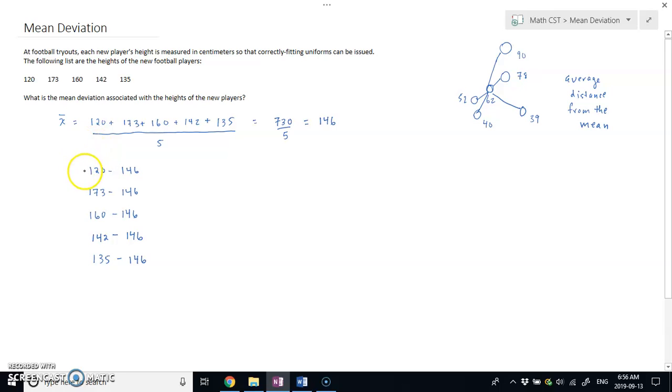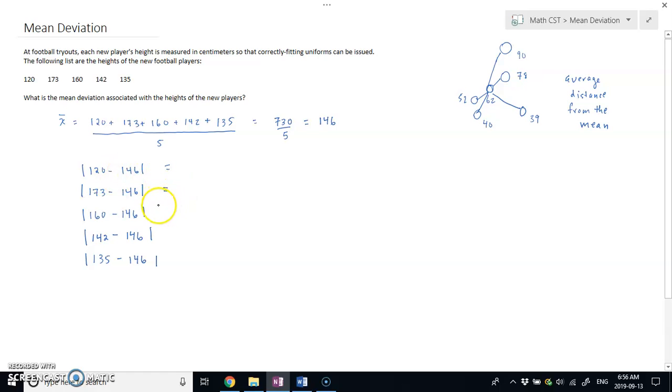Now, I'm going to put some funny little brackets here, and the funny little brackets are called absolute value. They don't change the actual number of the answer, but what they do change is the sign, and it means that all your answers have to be positive.